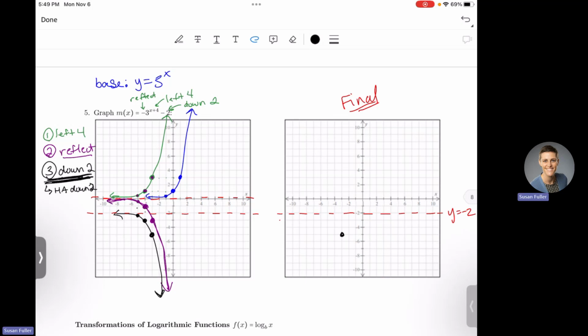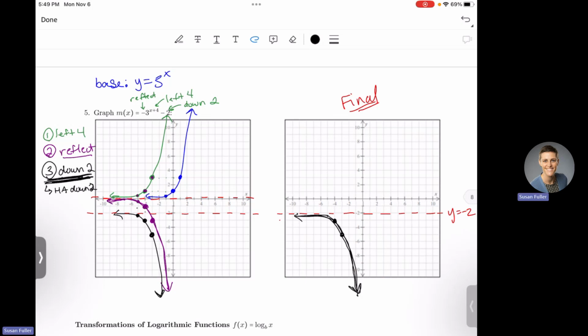I was at -4, -3. And -5, -2 1/3. Okay. And so now I've got my points. I'll just connect them with a nice, smooth exponential graph. And there you have it, our final transformed exponential graph.